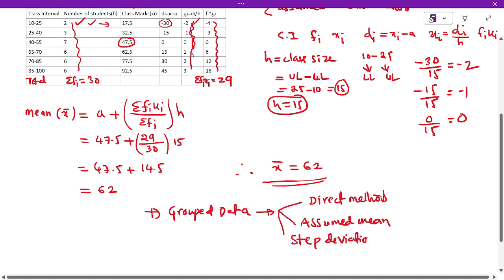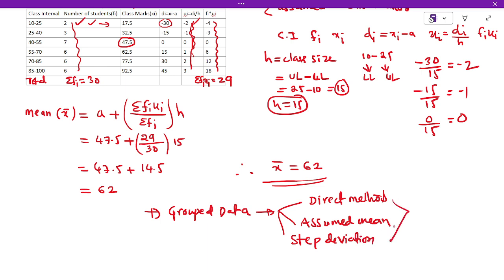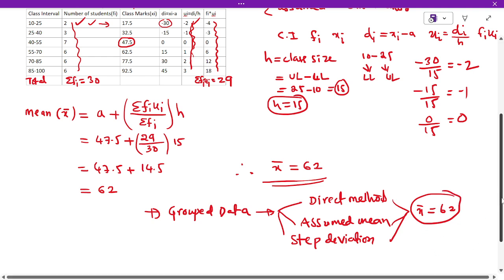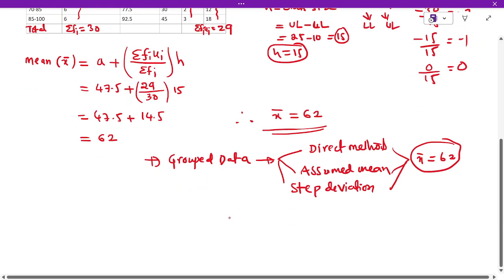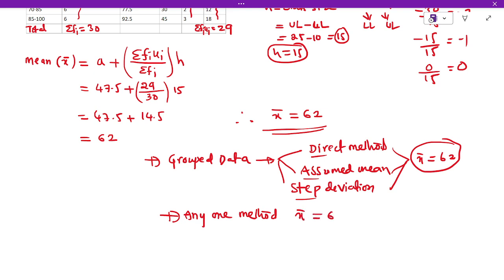In all three sessions, we observed that we are getting the same mean, x bar, 62, right? So the conclusion is, you can use any method to find the mean, the direct method, assumed mean method, or step deviation method, any method of your choice, and you will get the same answer. That is, x bar is 62.